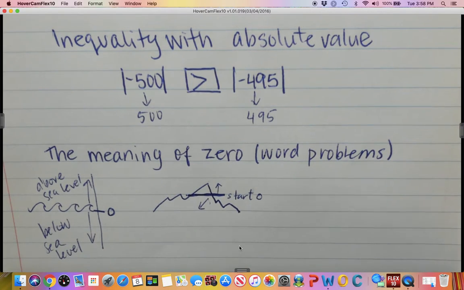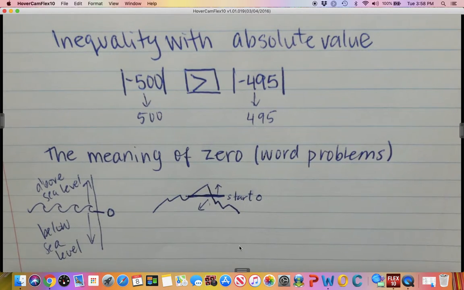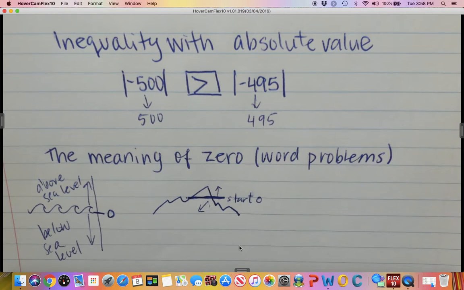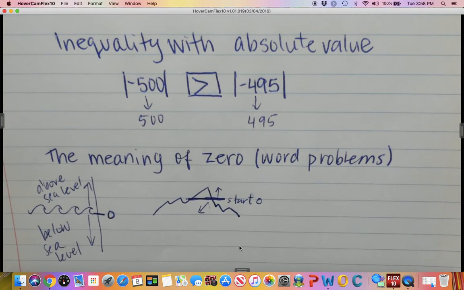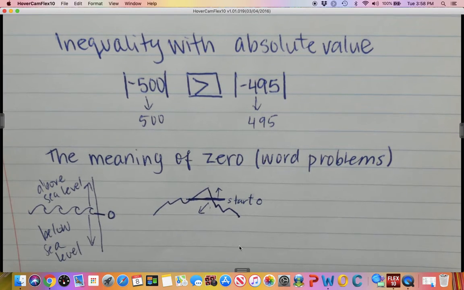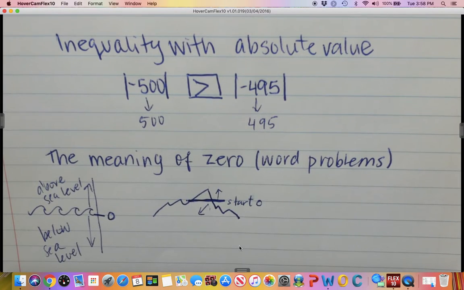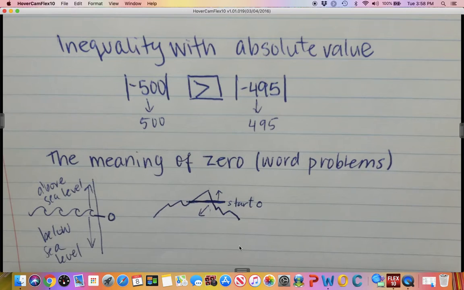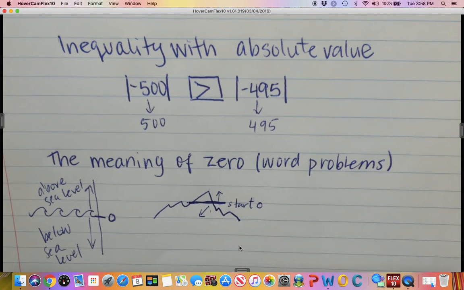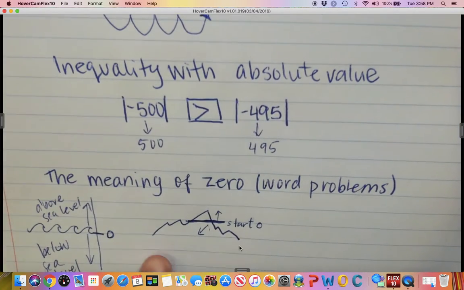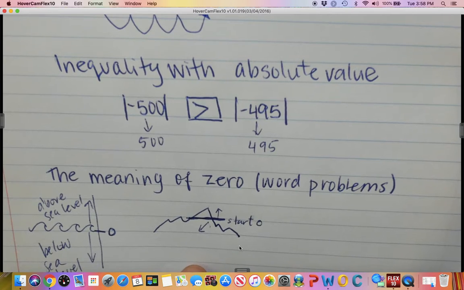So don't forget, if you're going above something, or you're going below something, or if you're talking about up or down, where you finish is going to depend on where you started, and that could be either above or below. That starting point will always be 0. Okay? And that's something that's really important for you to understand.